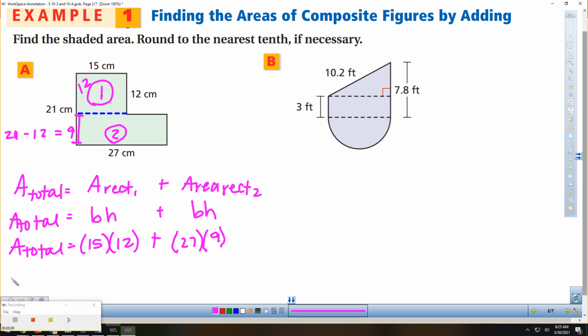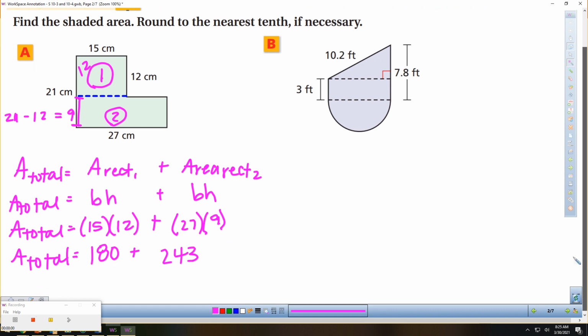Alright, so let me just do the multiplication. So you're going to do 15 times 12, which gives you 180. And then 27 times 9, which gives you 243.